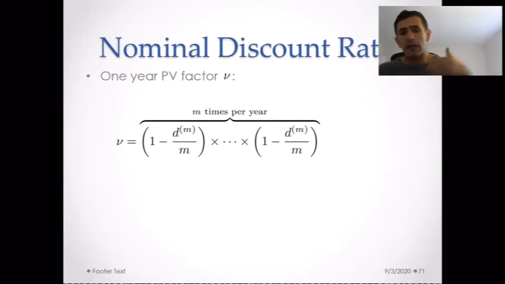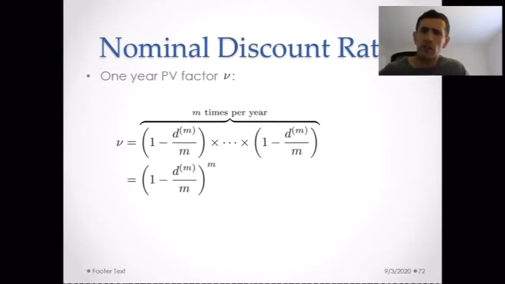If we keep discounting that same present value factor m times, we're discounting m times the time period of 1 over m, which has the same effect as doing a 1-year discounting. So the 1-year present value factor is just 1 minus d superscript m over m, raised to the m.